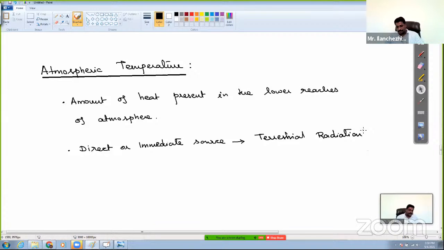Right? The direct or immediate source of atmospheric temperature is terrestrial radiation.